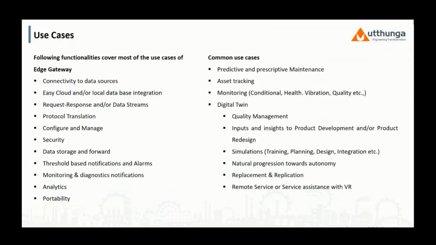So now we'll look at some use cases of using OPC UA on the edge. Here on the left side, we have a list of functionalities that are supposed to be handled by the edge, and on the right side, you have some common use cases, what you are supposed to get out of it when these functionalities are implemented on the edge.